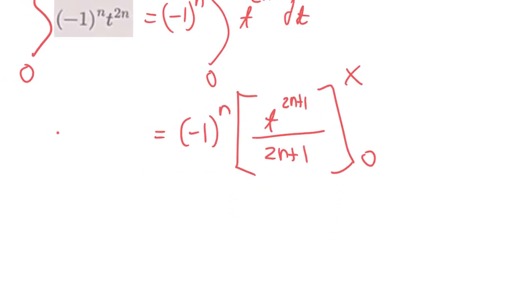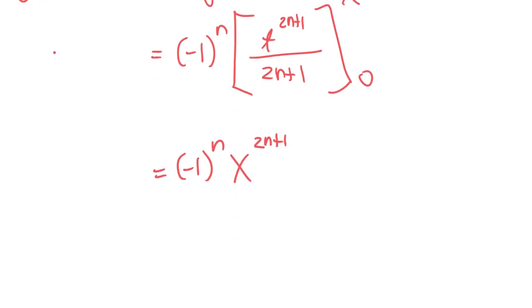We can already see that when we substitute 0 in for t, that's going to become a 0. So we only really need to pay attention to that. So we have -1 to the n, x to the 2n plus 1 all over 2n plus 1.